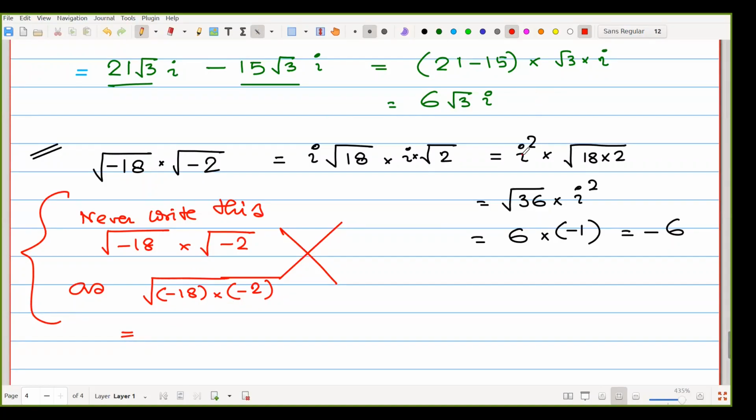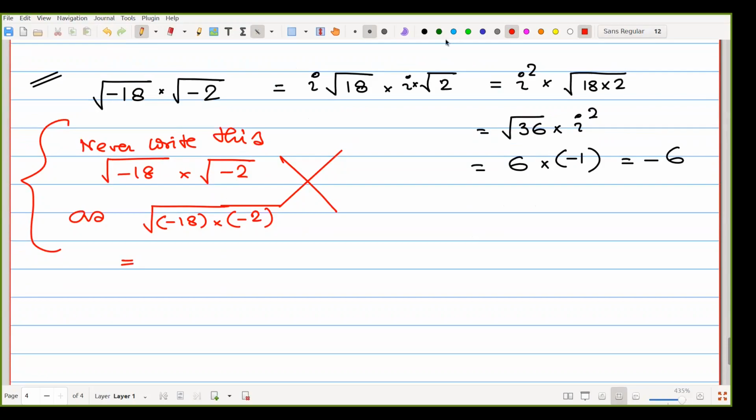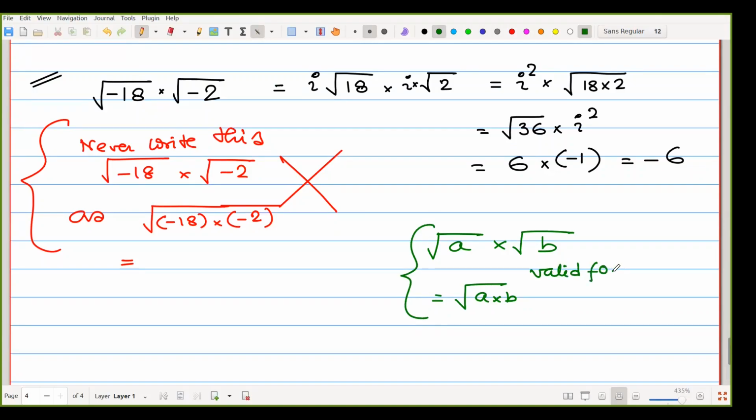When we write square root of a into square root of b as square root of a into b, that is valid only for real numbers, not for imaginary numbers. Here that one becomes square root of 36 equal to 6, but that is a wrong case.